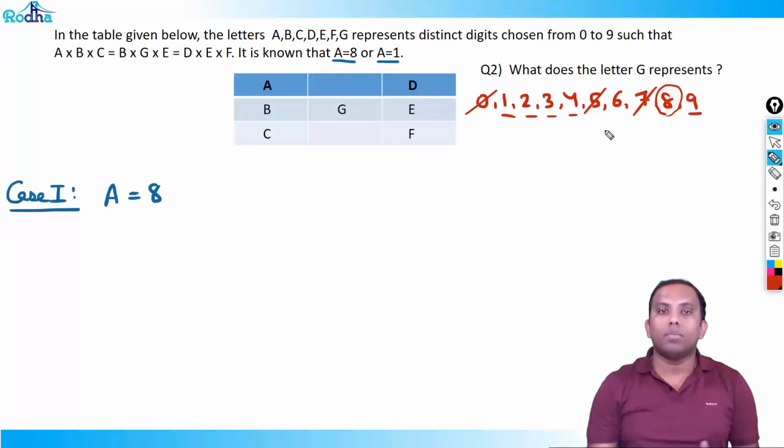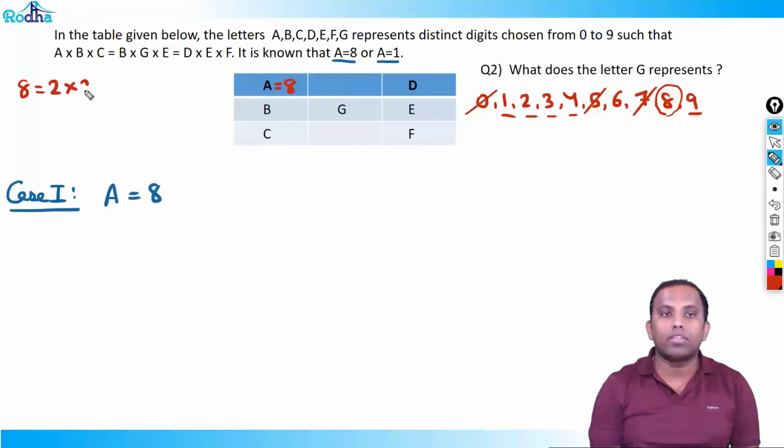And since it is a case of multiplication, obviously we have to balance the factors. Suppose I take A equal to 8. The first term contains A into B into C. 8 is made up of three 2s.